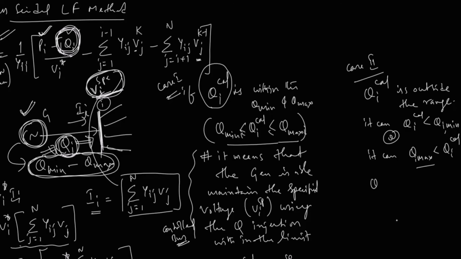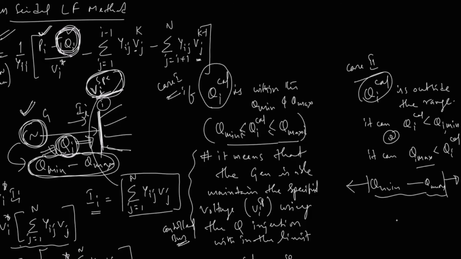This is Qi minimum to Qi maximum. Now this Qi calculated is either falling below this Qi minimum or falling above this Qi maximum. It is outside the range.